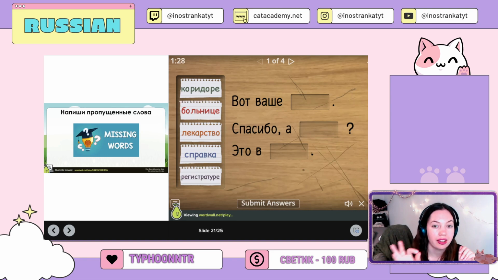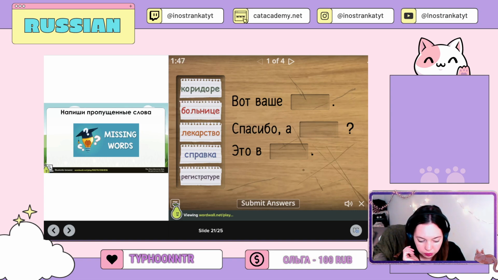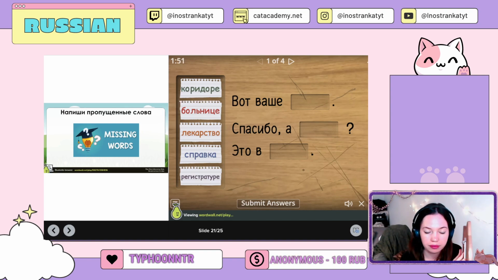But there are 3 genders in the Russian language: masculine, feminine, and neutral. If we talk about крем, masculine, вот ваш крем. If we talk about a mirror, зеркало, it ends with the letter O, so it's neutral gender.